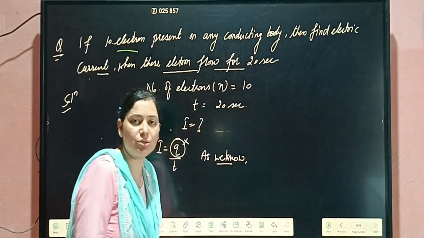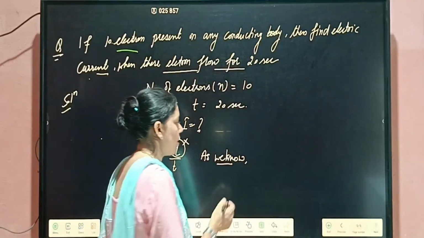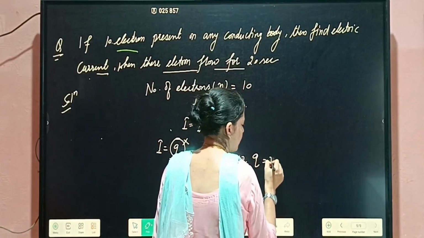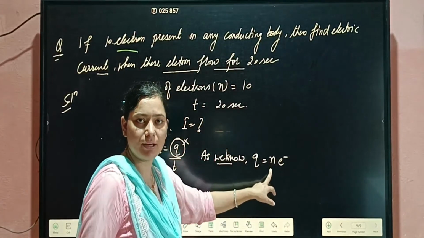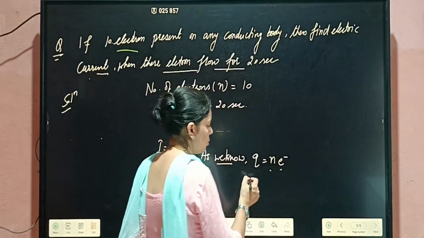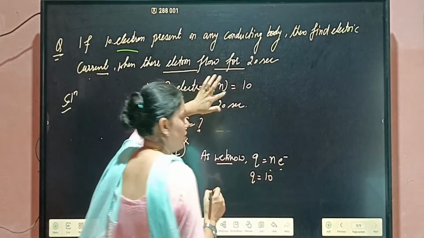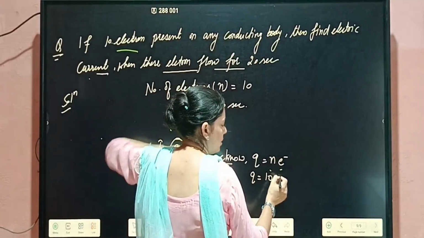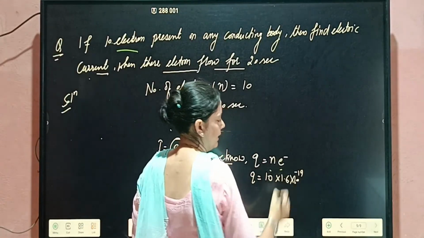Quantization of charge gives us the total charge, how much charge is available on a conductor. So Q equal to n e, number of electrons available on any conducting surface into charge on one electron. So Q equal to number of electrons present here, 10, into charge on electron, 1.6 into 10 raised to power minus 19 coulomb.